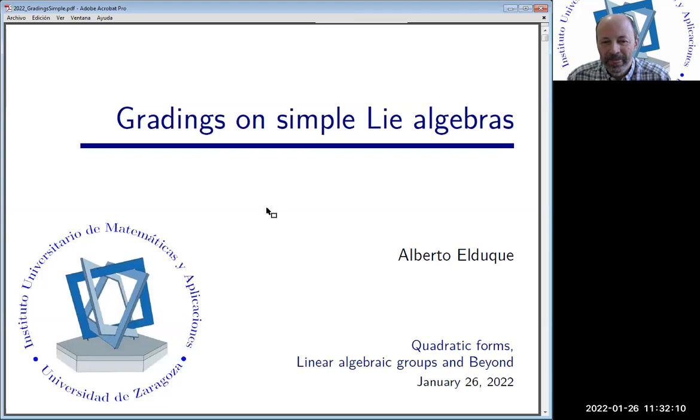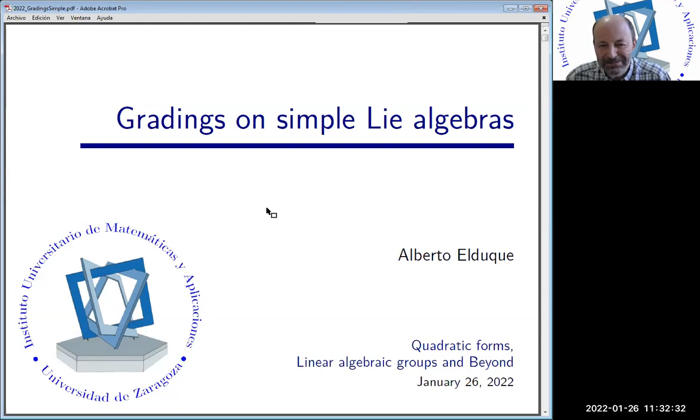But anyway, I came to work a little bit with algebraic groups while studying gradings on simple algebras, and I arrived to study gradings of simple algebras because of some work on octonions.